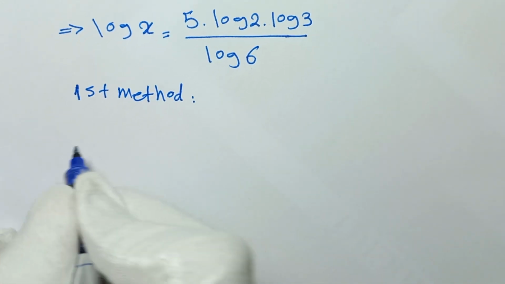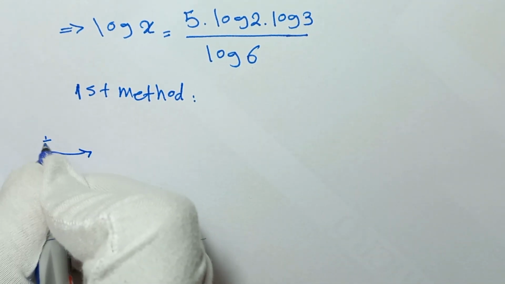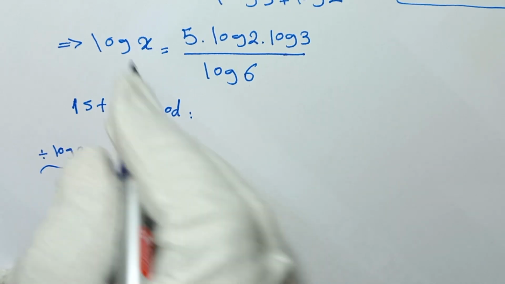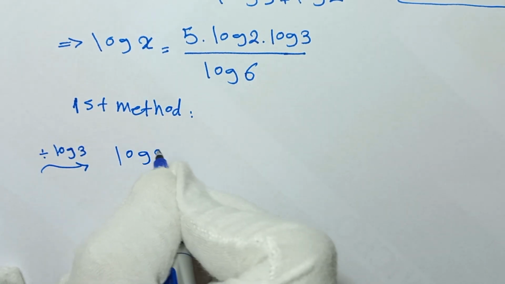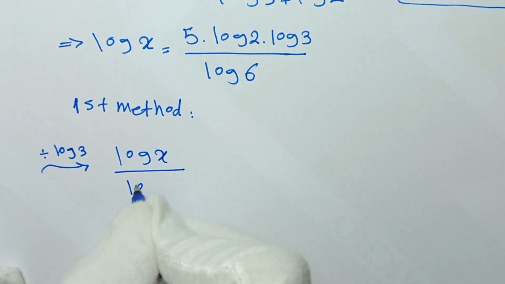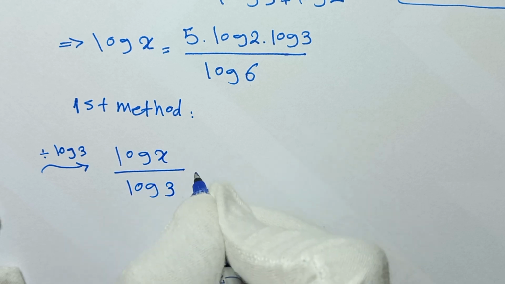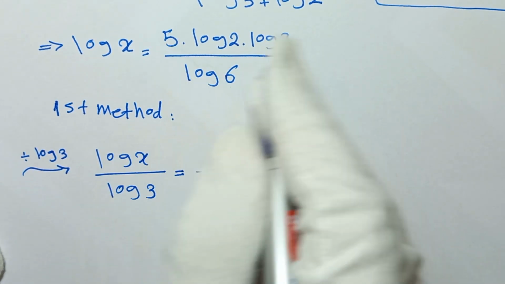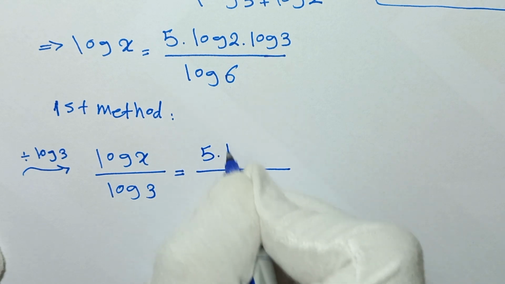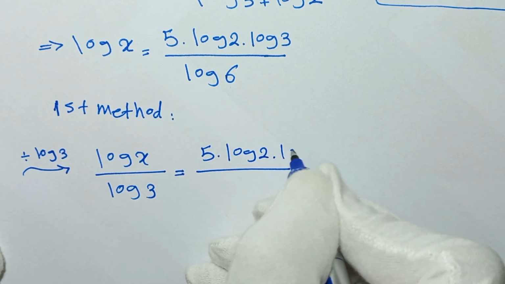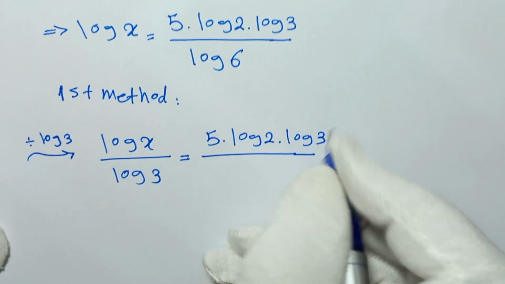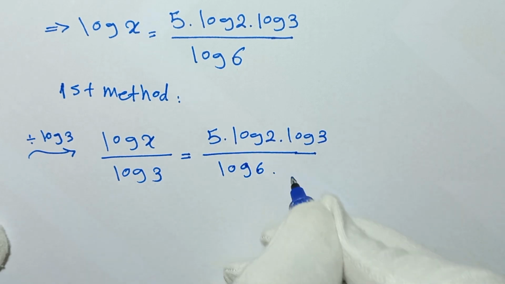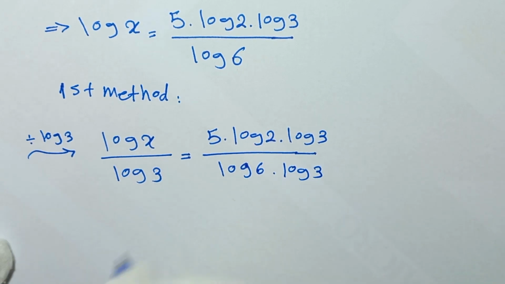So we divide by log 3, and it will be log x over log 3 is equal to 5 times log 2 times log 3, and log 6 we divide by log 3, it will be times log 3, right?